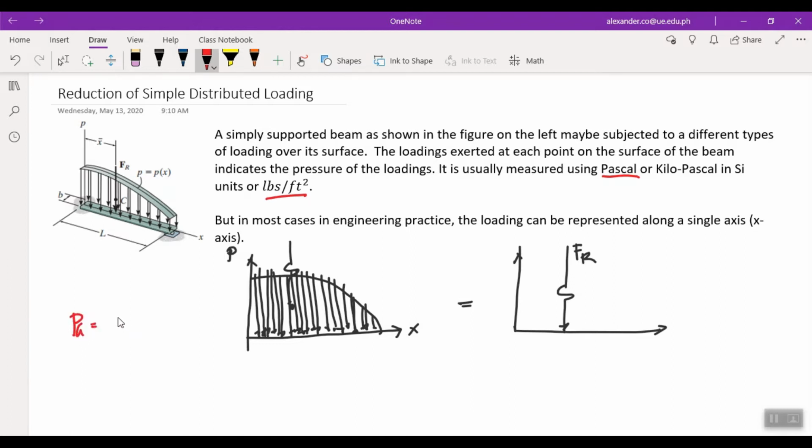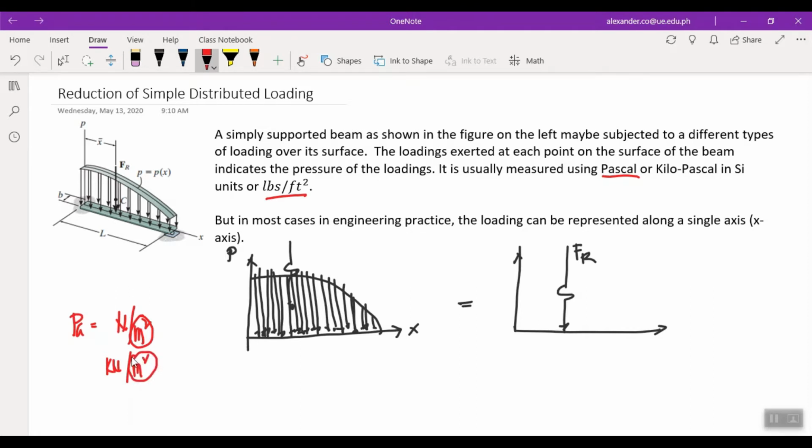I don't know if I've taught this already. So kilopascal is also kilonewton per meter squared.